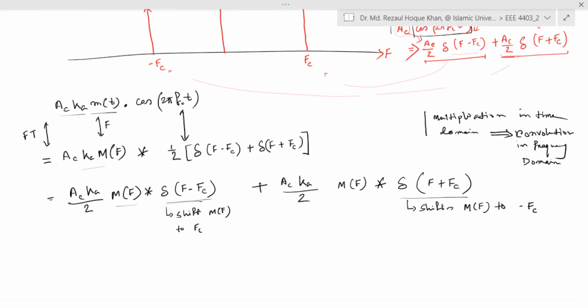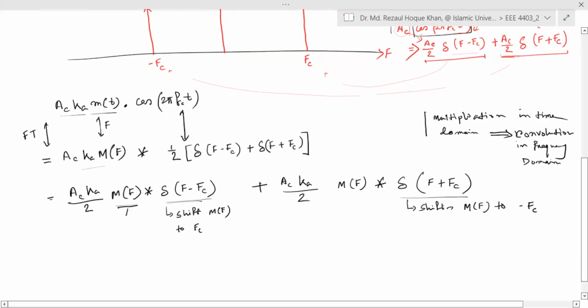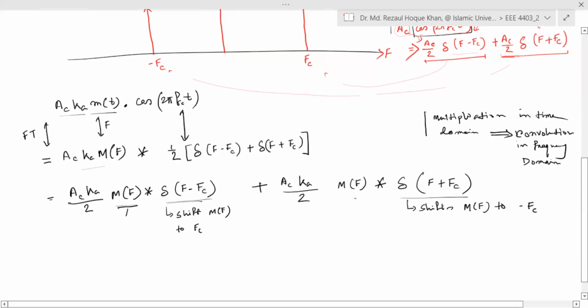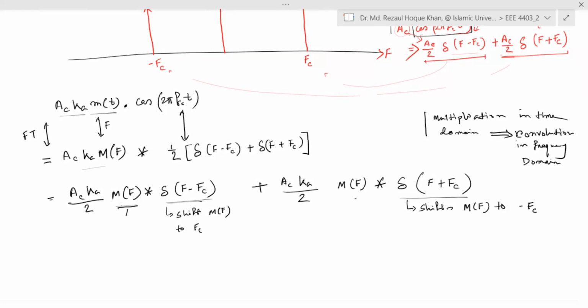So M(f) convolution of del(f minus Fc) simply shifts the spectrum M(f) to Fc, and M(f) convolution of del(f plus Fc) shifts the spectrum to minus Fc.